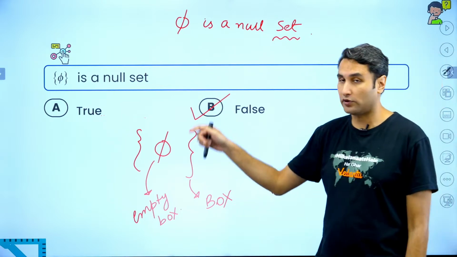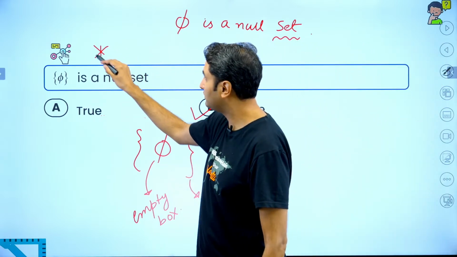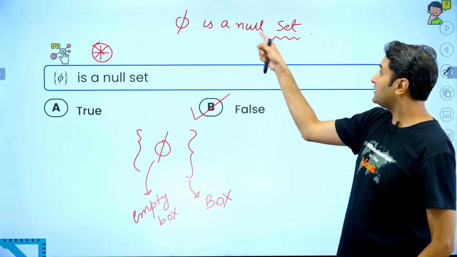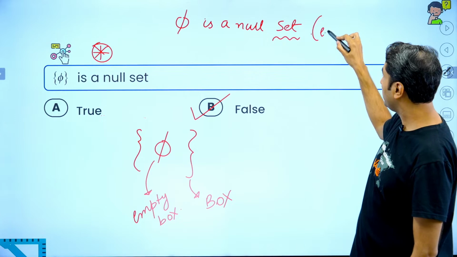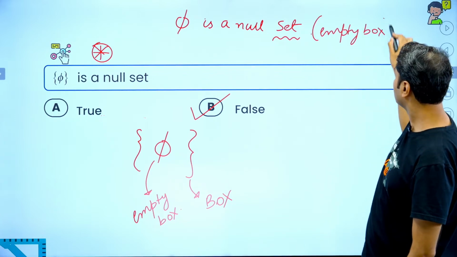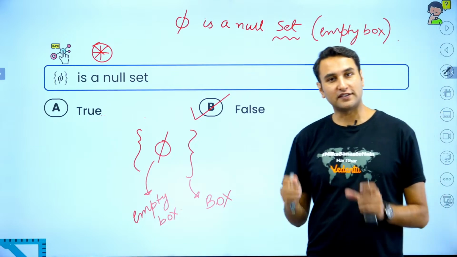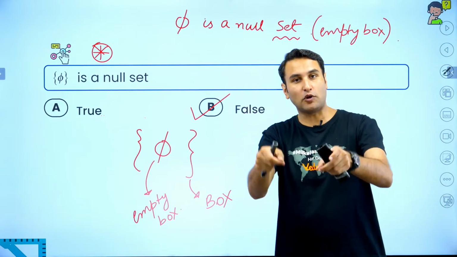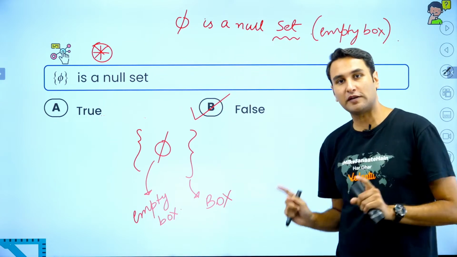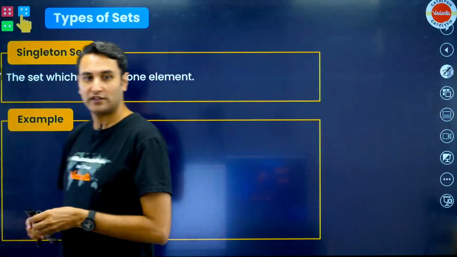Got it? It's a very important concept. You will make a lot of mistakes in this. So remember, phi is a null set, or in your mind read this as an empty box. You put this empty box inside something, that thing is no more empty. This box will remain empty. Got it? Cool? So very good.